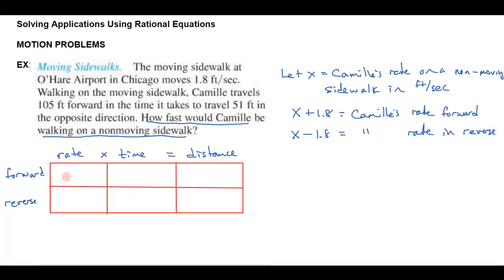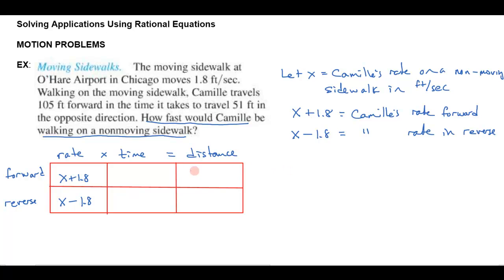So the rate forward is x plus 1.8, and in reverse it's x minus 1.8. If she was going exactly 1.8 feet per second, she would just be standing still. If she was going a little less than that, she'd lose distance. She'd go in reverse for sure.